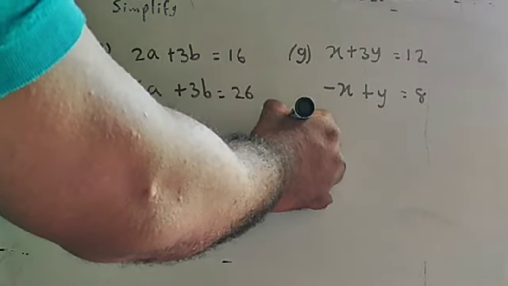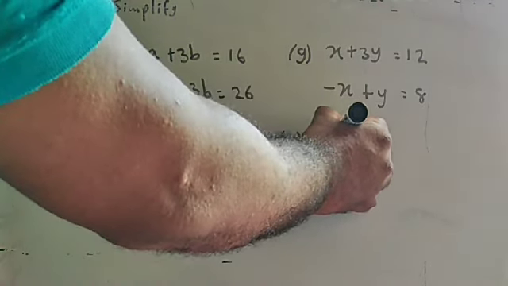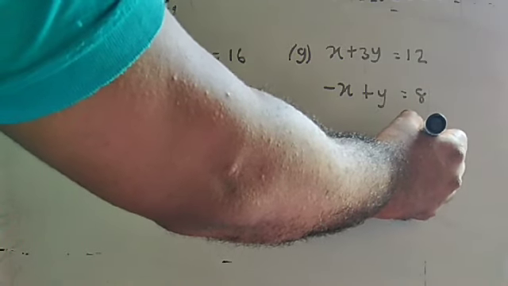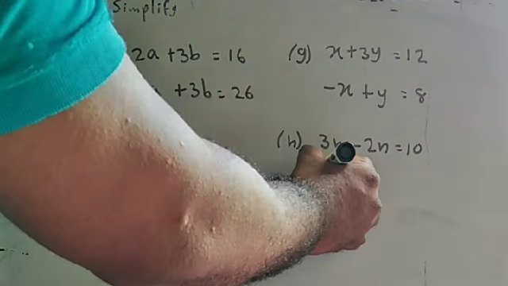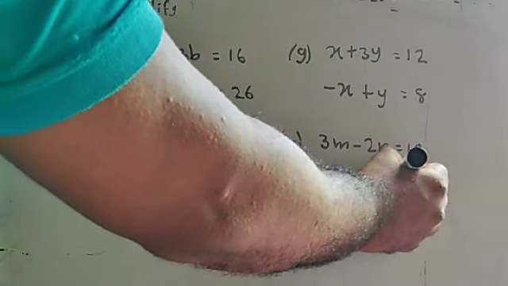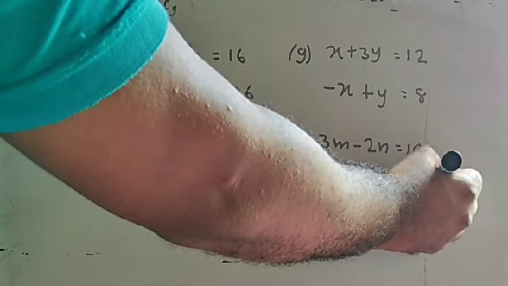H: 3m minus 2n is equal to 10, minus 3m plus n is equal to minus 14.